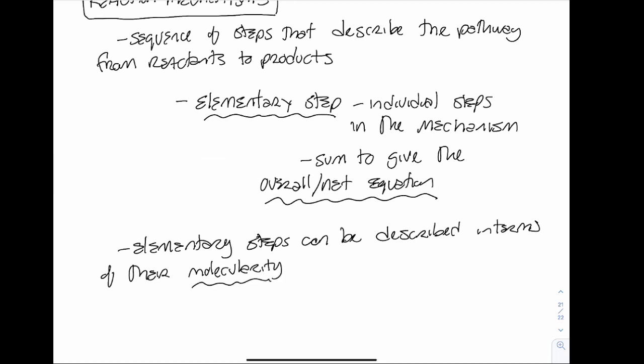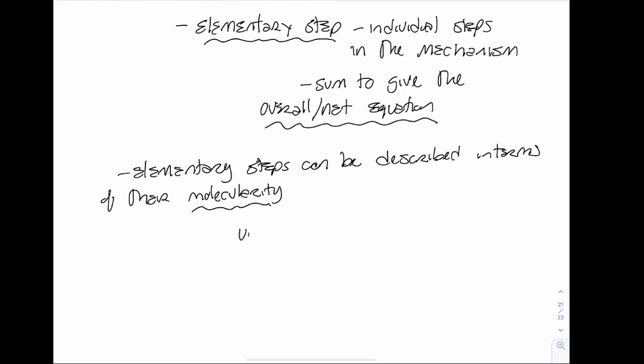So if something was considered a bimolecular reaction, it means there's 2 reactant molecules. If something was unimolecular, it means there's 1 reactant molecule. So unimolecular, bimolecular. If we had 3, we would actually say termolecular.